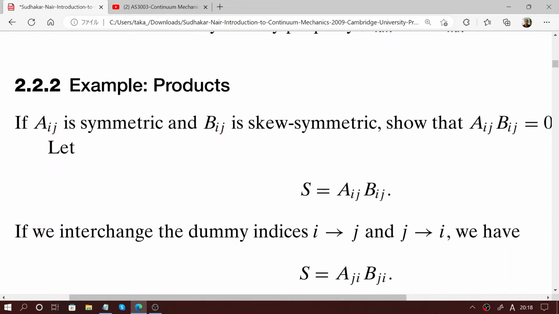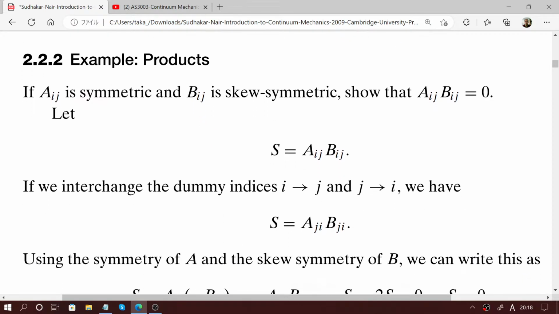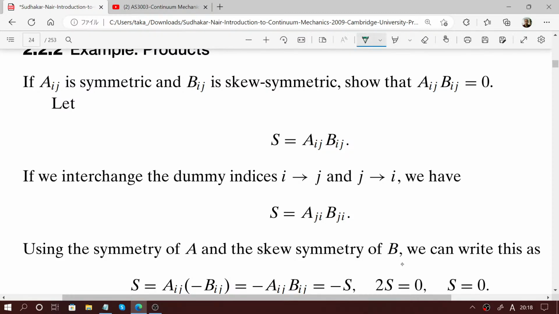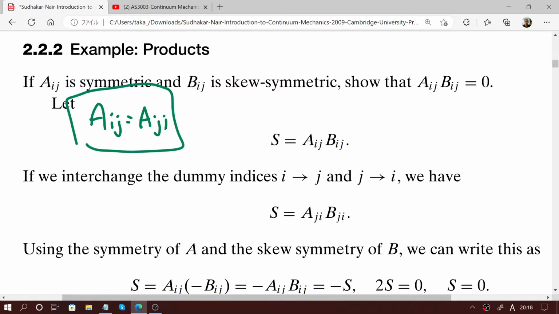Okay, so now we go to 2.2.2, example, products. If Aij is symmetric, what does it mean? Aij is symmetric means Aij equals Aji. And Bij is skew symmetric.